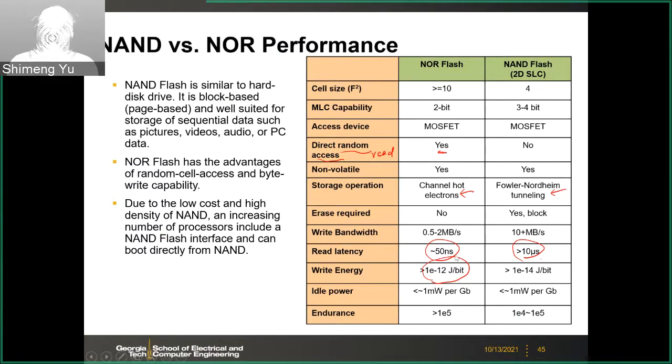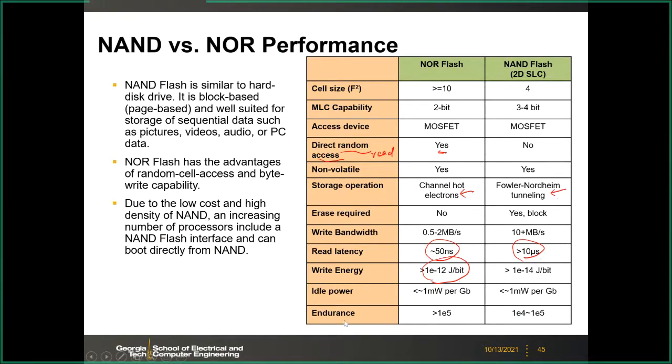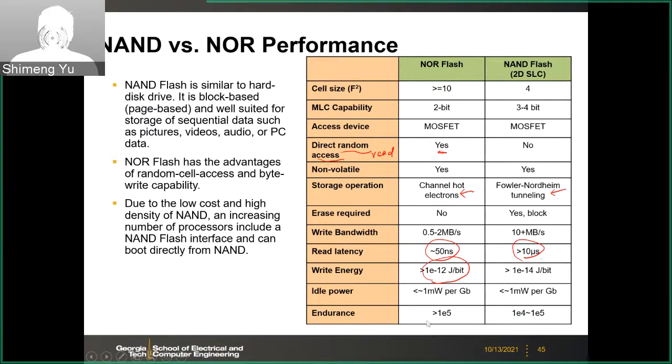Therefore, the programming efficiency is low, because maybe 1 out of a billion electrons can go into the gate stack. Endurance-wise, this is what we are going to discuss next. NOR flash may generally perform better in terms of the number of cycles you can write the data in.